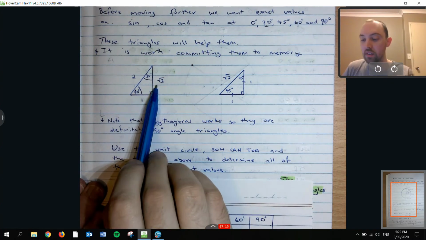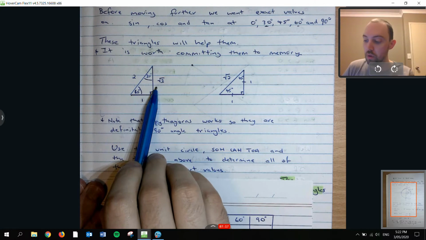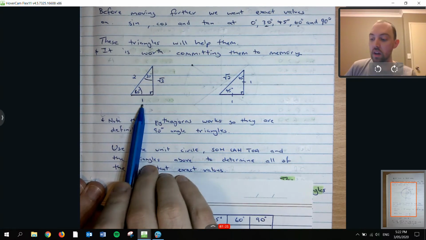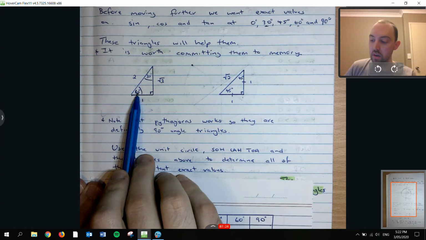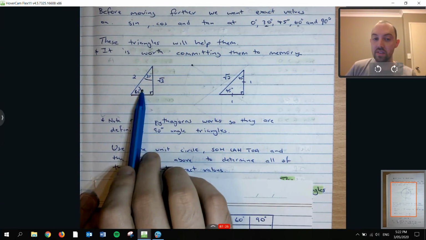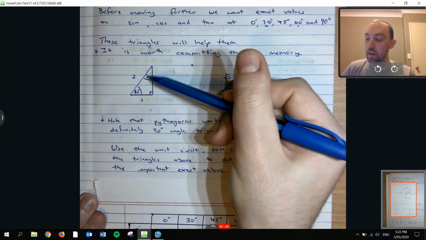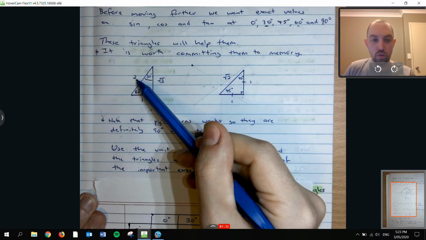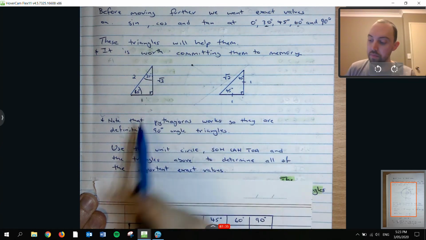Opposite the 60-degree angle is root 3. You can try and remember that because root 3 is larger than 1. 60 is a larger angle, so it should be opposite the larger side. Okay, 30 degrees is opposite the 1, and 2 is our hypotenuse.